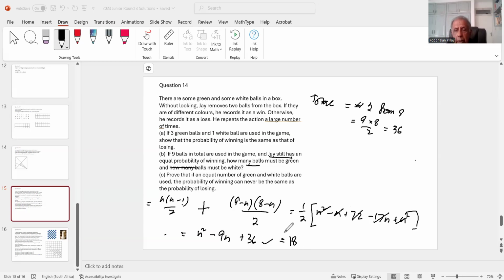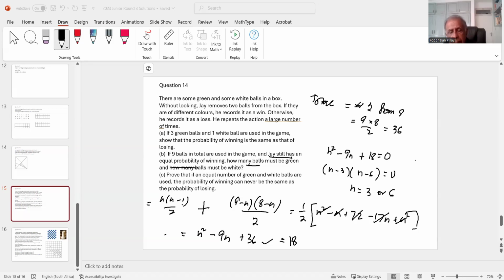Now, when you work this out, you get n squared minus 9n plus 36 is 18. So you get n squared minus 9n plus 18 equals 0. 36 minus 18 goes there. And this, you do in school, you factorize this trinomial: n minus 3 times n minus 6, and you get n equals 3 or 6.